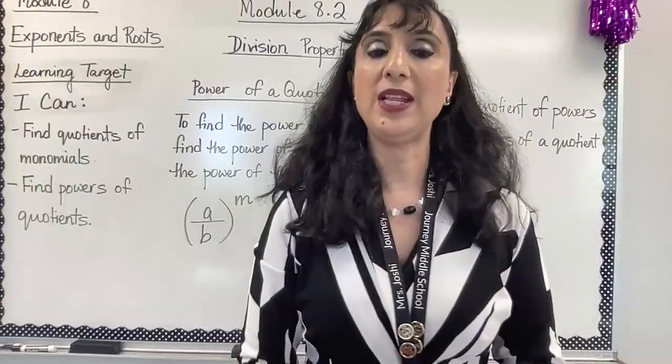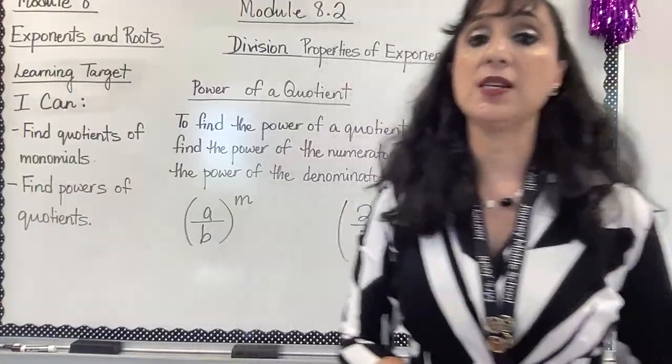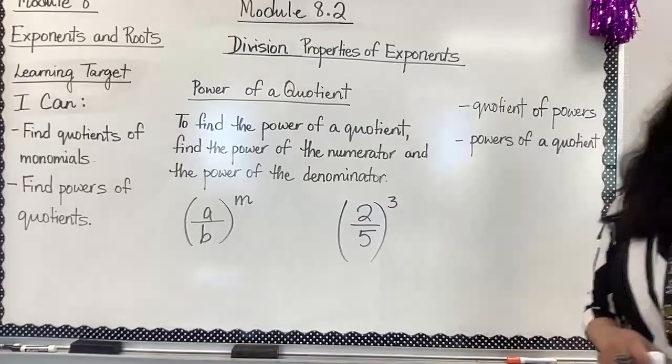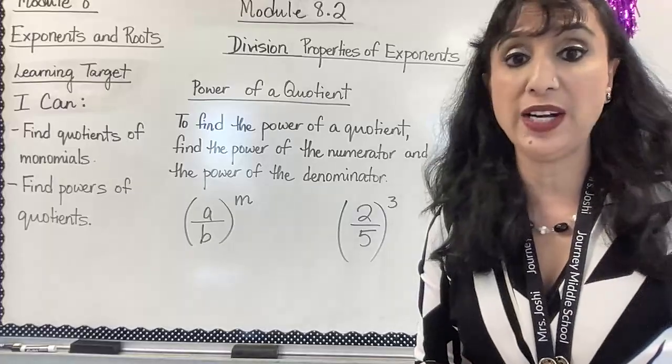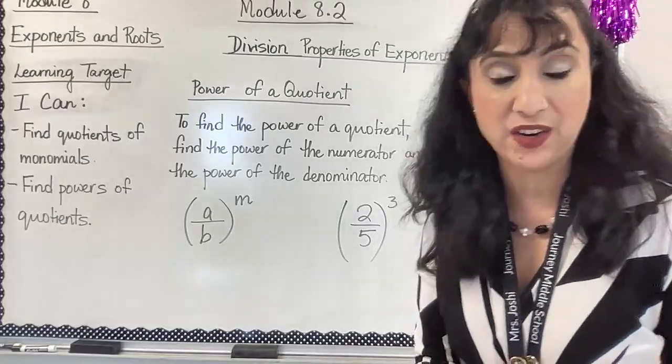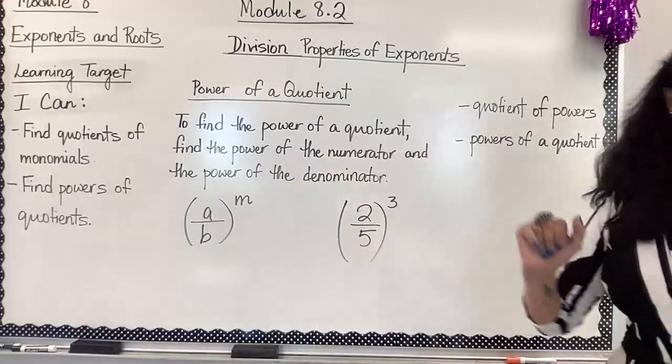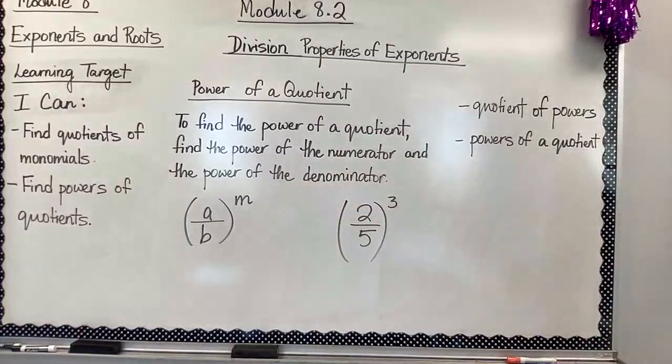So the next property that we are going to talk about is the power of a quotient. To find the power of a quotient, find the power of the numerator and the power of the denominator. So let's look at the first one that I have put over there: a over b to the power of m.